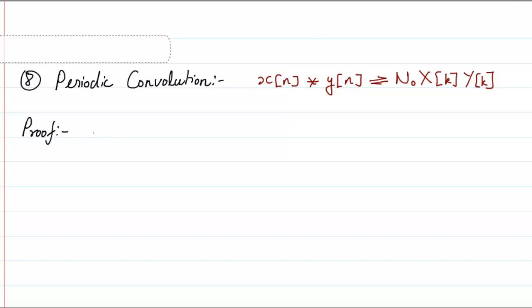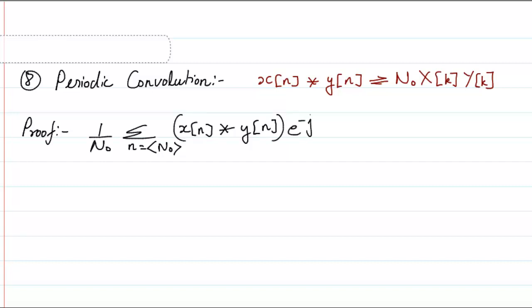We know that the DTFS equation is given by 1 by n naught summation n within the limits of n naught, we are having x of n convolution with y of n, into e raised to power minus j k omega naught n. Now if I substitute the value of the convolution, I will get 1 by n naught summation n within the limit n naught.